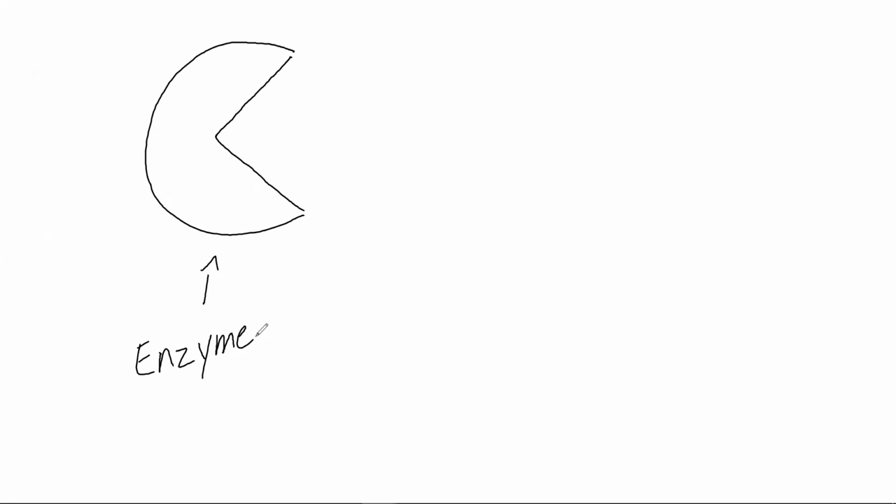And in order for an enzyme to perform a reaction, it needs to make contact with a substrate. If you're writing this down, the substrate is, hang on, let me erase that bit, that looks weird.